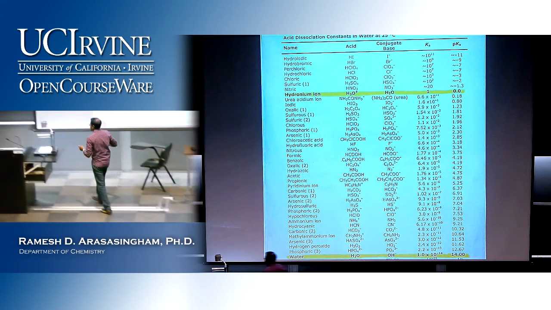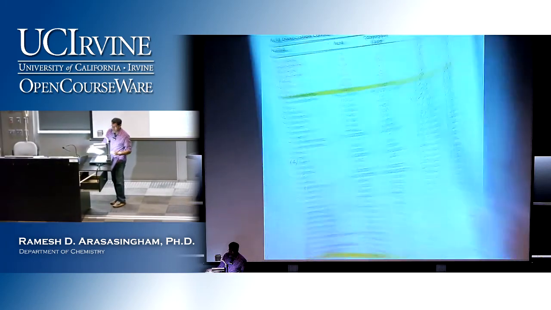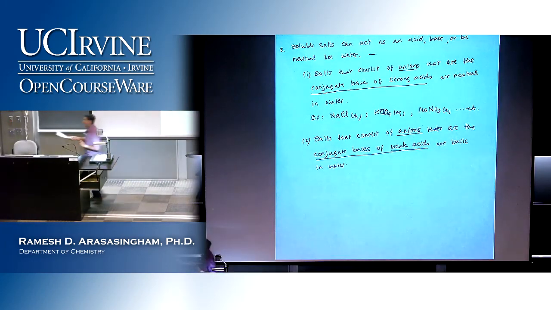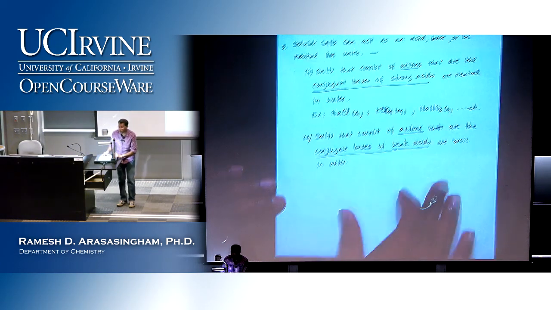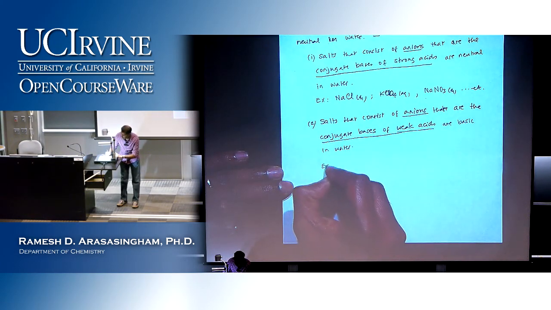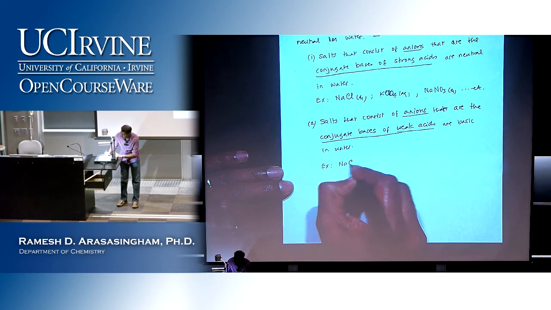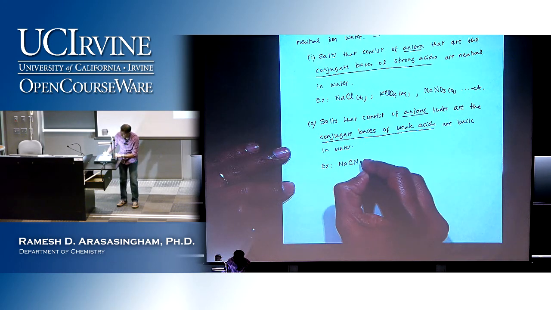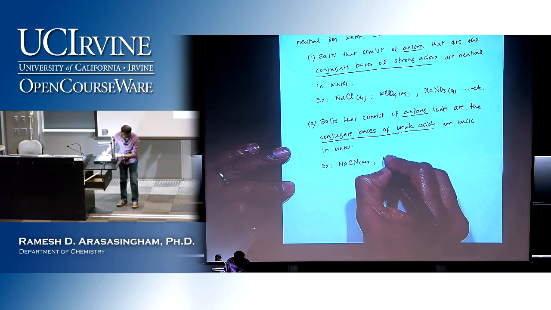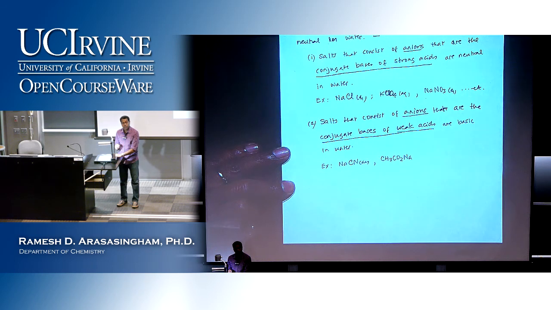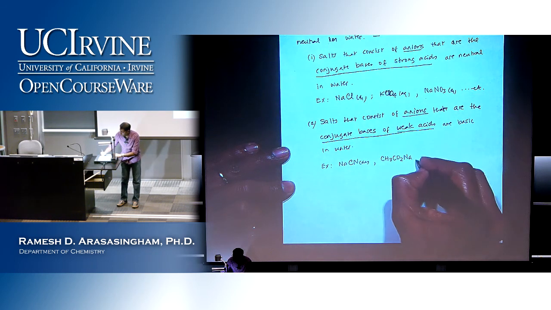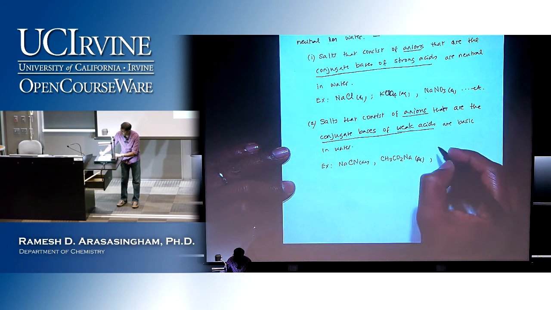So now we're looking at the conjugate bases of weak acids, and they will act as a base in water. All right? And so if they're acting as a base in water, examples of this would be things like sodium cyanide, sodium acetate, which is the acetate anion, aqueous, or something like potassium fluoride.